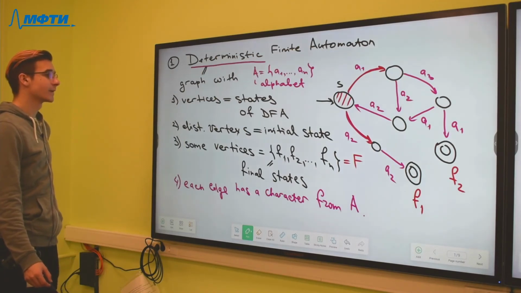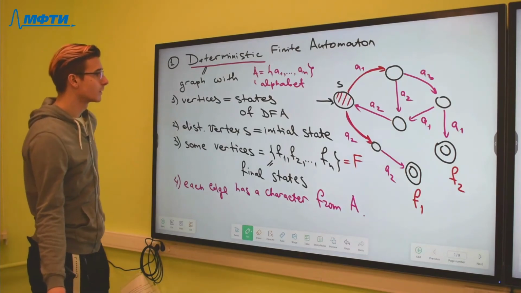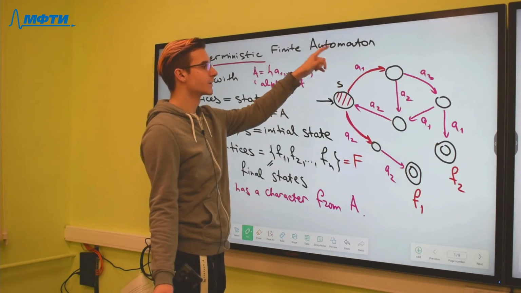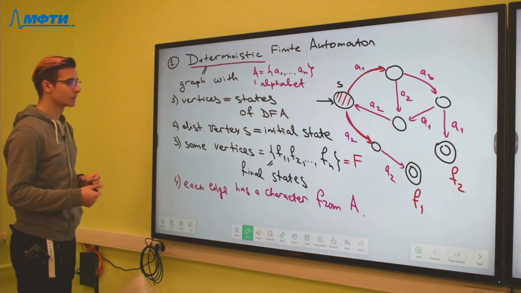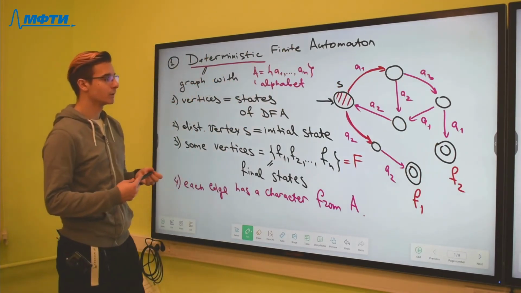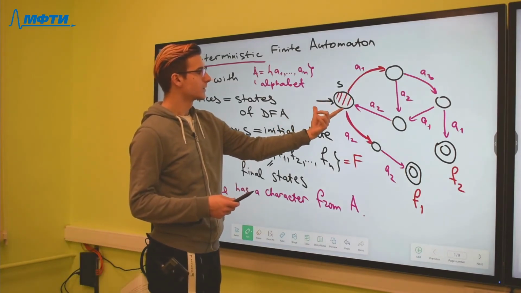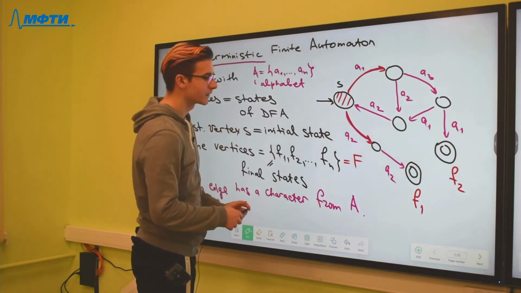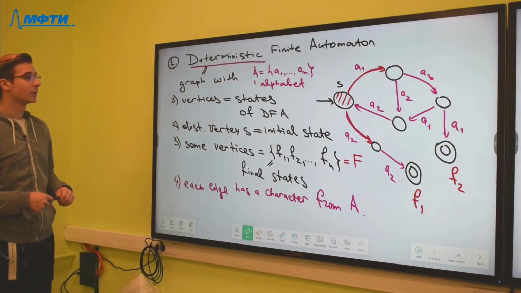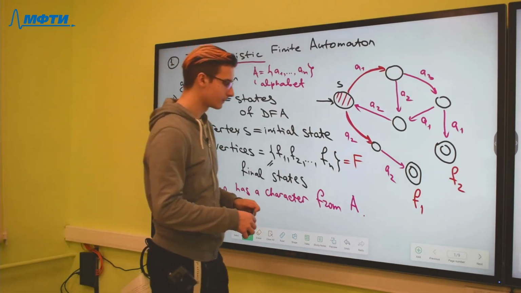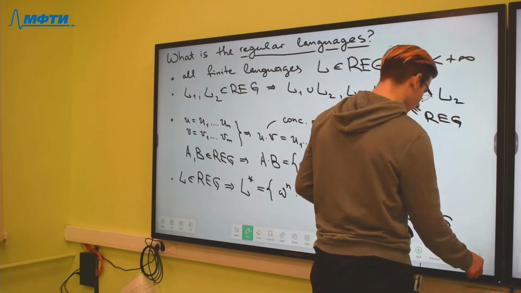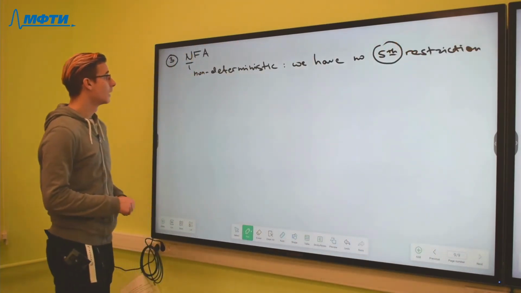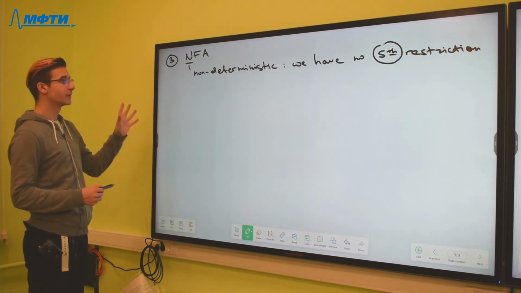So it is a collection of vertices and edges such that for all the edges we set the character connected with it. And we have one distinct vertex that is the initial state and some vertices that we name as the final states of the automaton. So that's about the definition.